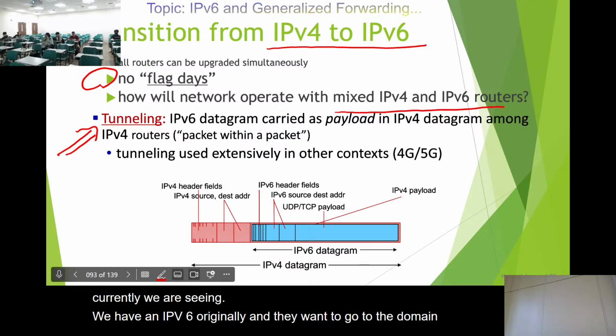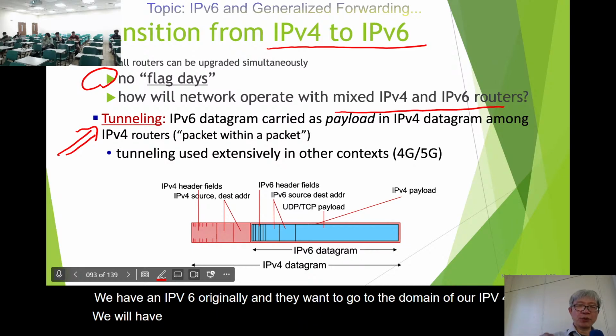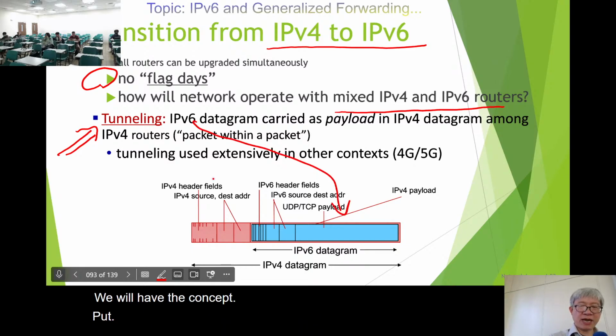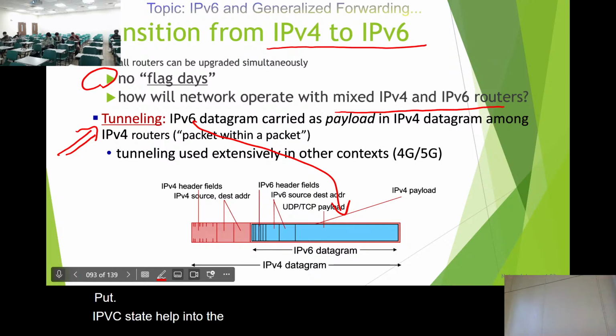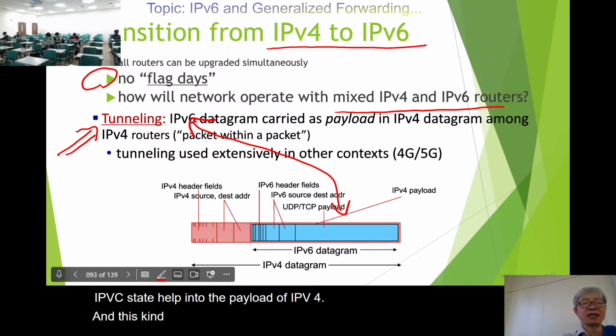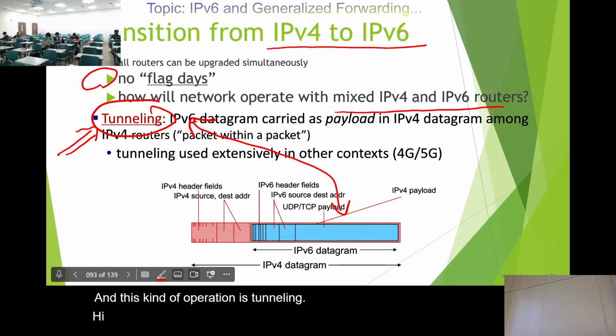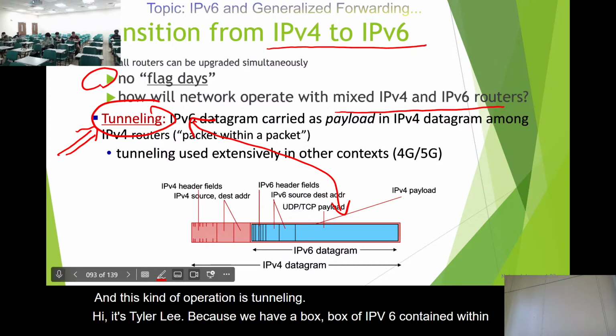So for this one, we will have the concept: put the IPv6 datagram into the payload of IPv4. And this kind of operation is tunneling. Why is it tunneling? Because we have a box of IPv6 contained within the box of IPv4.